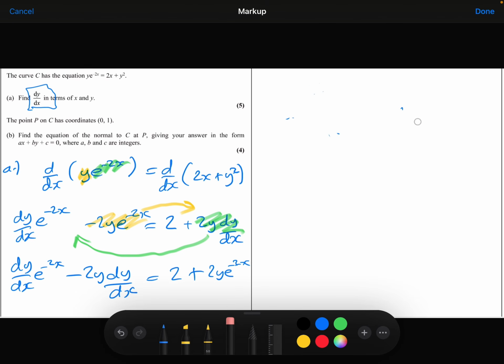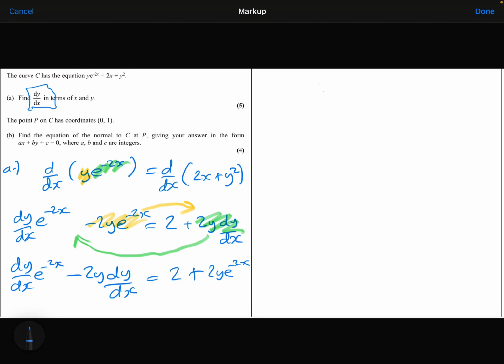Next, I'm going to factorise the left-hand side to make dy by dx the subject. So I'll have dy by dx times e to the minus 2x minus 2y equals 2 plus 2y e to the minus 2x.